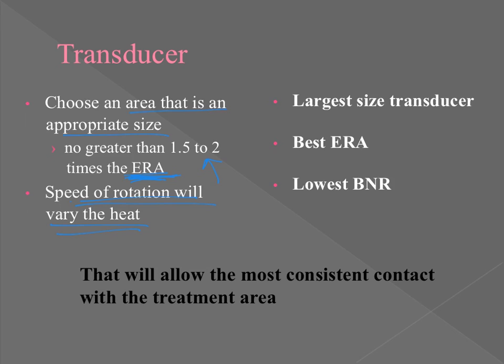Now, you shouldn't be going so fast as to not allow the ultrasound waves time to transmit, right? But the way I think about it is row, row, row your boat gently down the stream. Merrily, merrily, merrily, merrily, life is but a dream. Okay, so you get my point. You sing to row, row, row your boat, and you will know that you are going at the right speed.